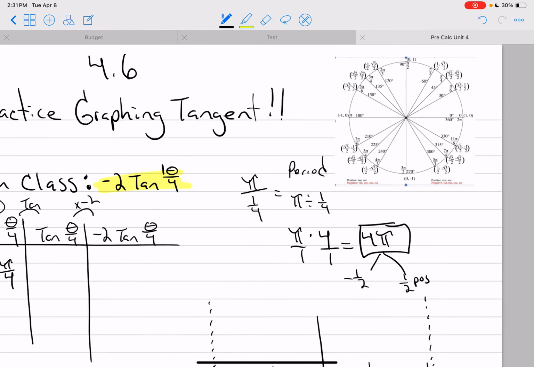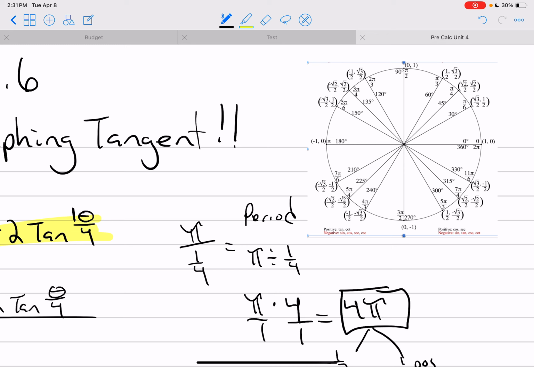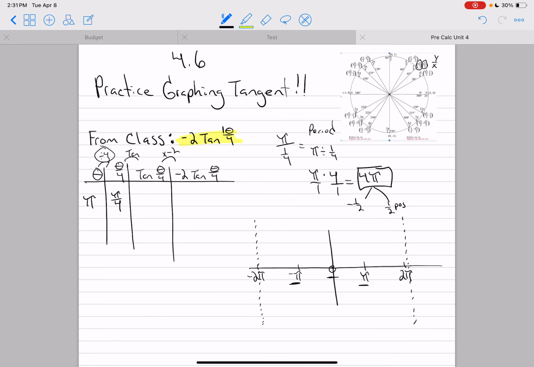Let's go over here. Here's pi over 4. Let me find the tangent of that. And remember, tangent is y over x. So it's root 2 over 2 divided by root 2 over 2. I'm going to do this one out, even though you all have seen this in class.